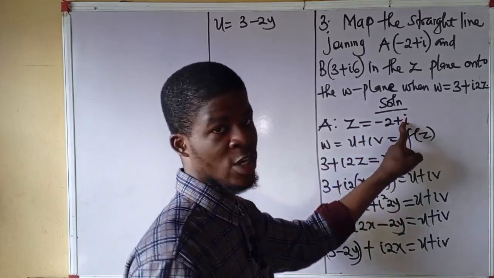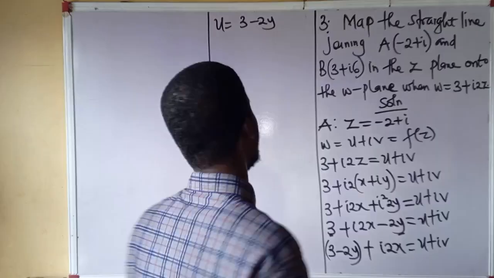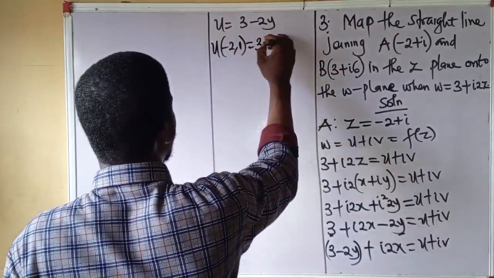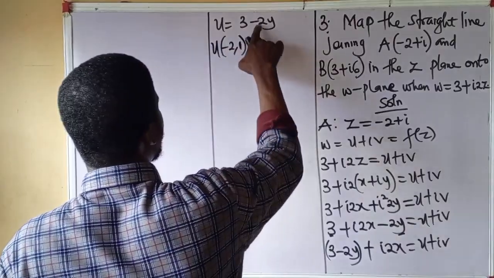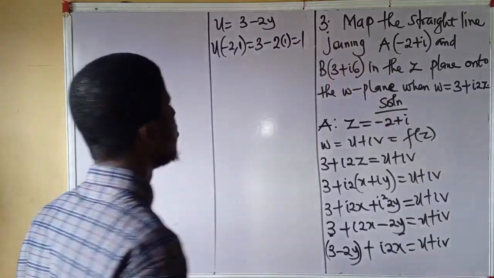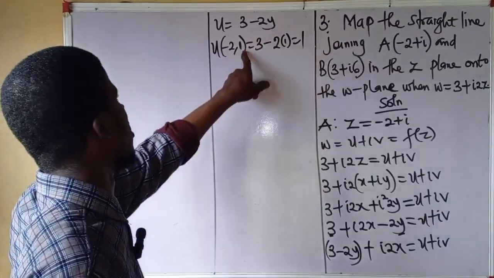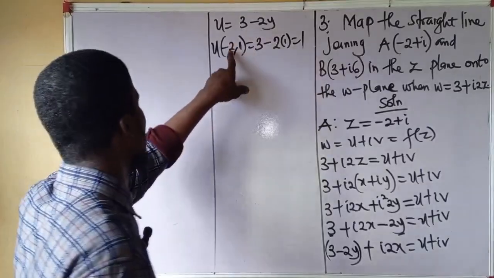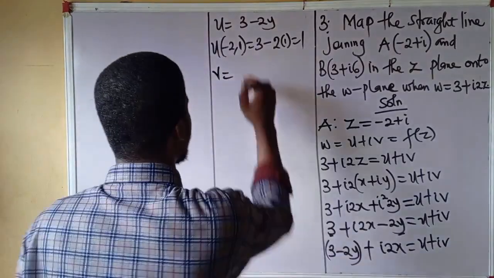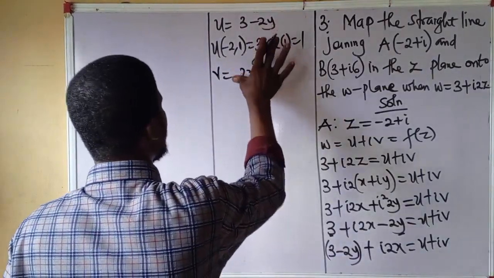The coefficient of I here is 1, so Y is 1. So U of minus 2 comma 1 is simply 3 minus 2 times 1, which is 1. There is no X term in U, so we leave the X alone.